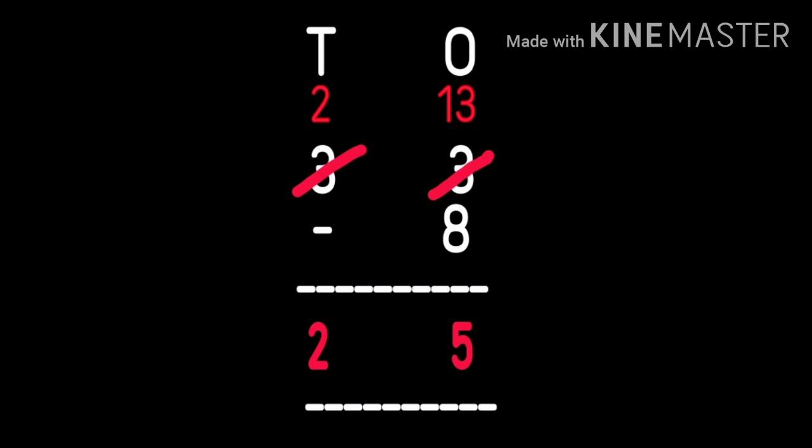Now we can easily subtract 8 from 13. 13 minus 8 is equal to 5. Now look at the tens digit. There is only 2. There is no number below it, so we will copy 2 as it is. So what do we get as the difference? 25. Now we will write the answer: Max has 25 small cars.